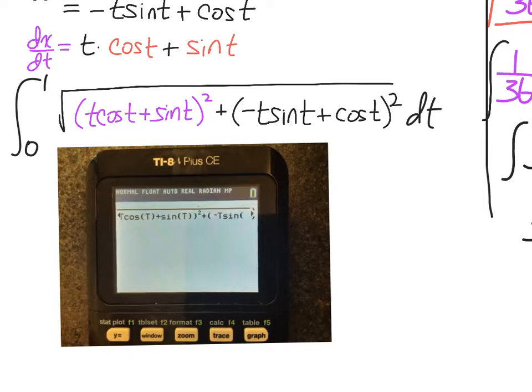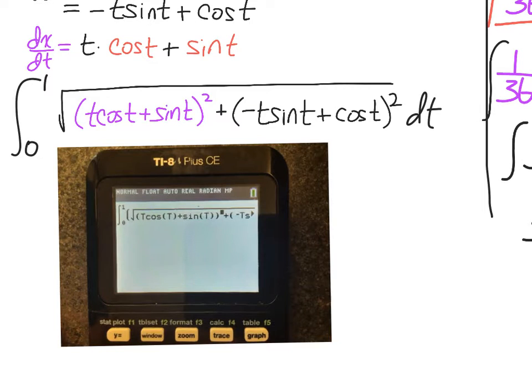T sine t, close it up for sine, plus cosine t, close it up twice, square it, and put a little t in there. And then scroll back and start from the beginning and make sure.